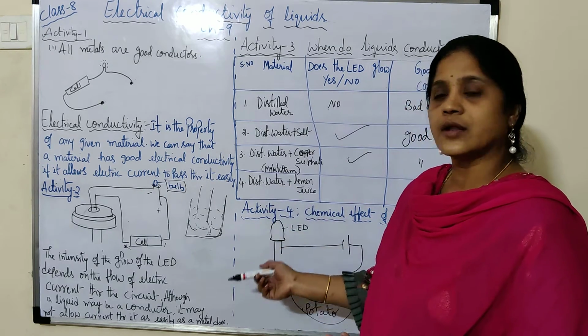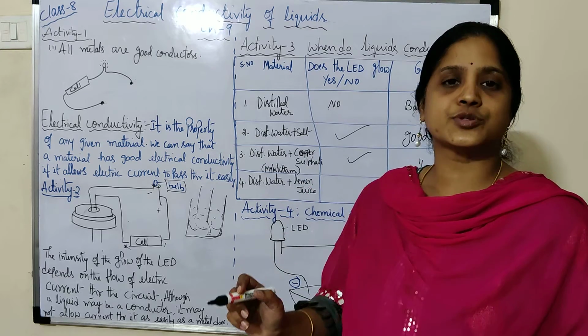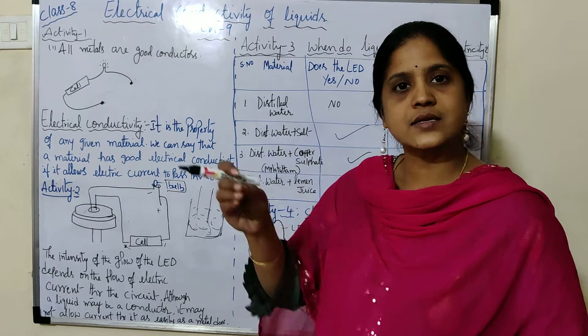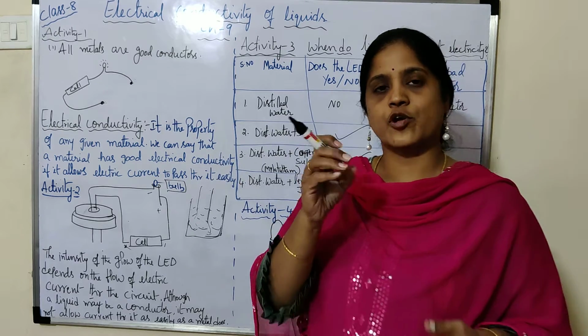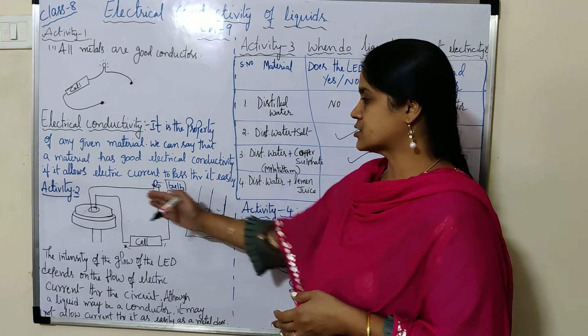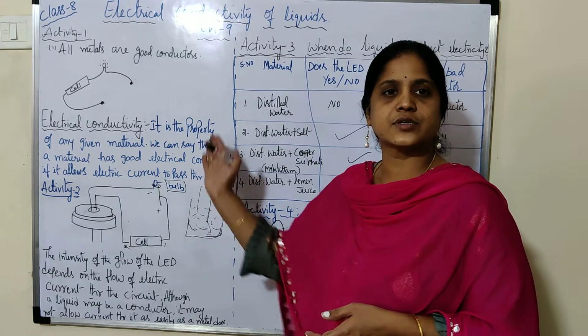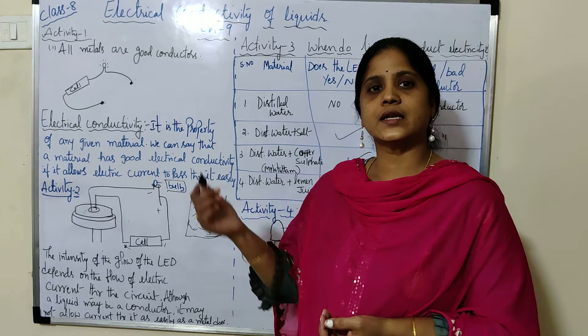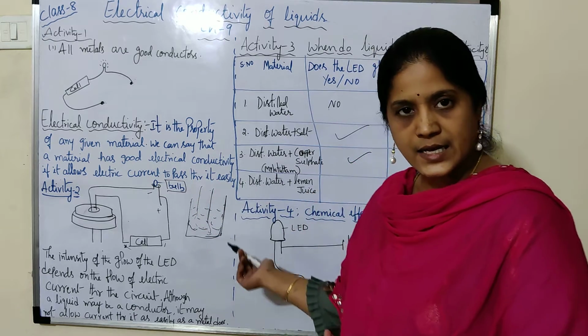Then the last one, distilled water with lemon juice. Take a glass, take distilled water and add a few drops of lemon juice. Again, place this tester in that solution and observe whether the LED glows or not. Obviously the LED glows, so it conducts electricity.